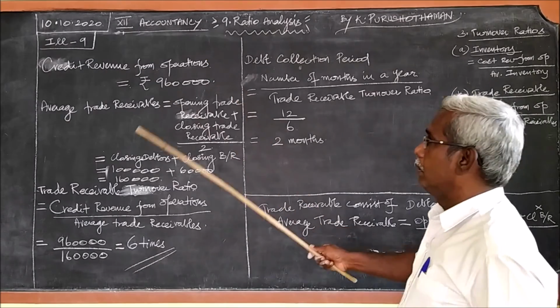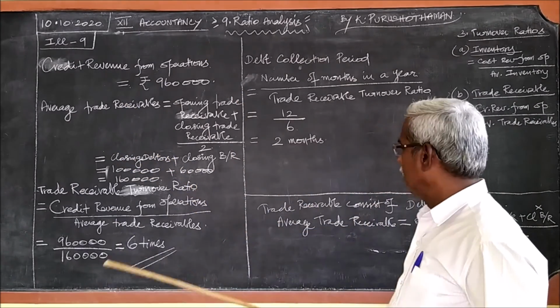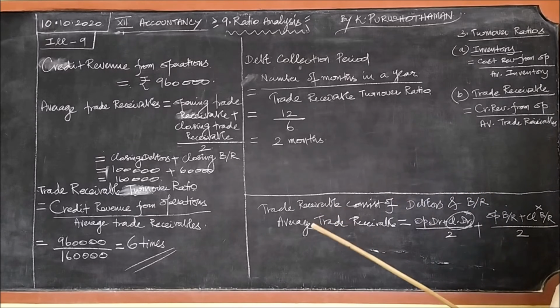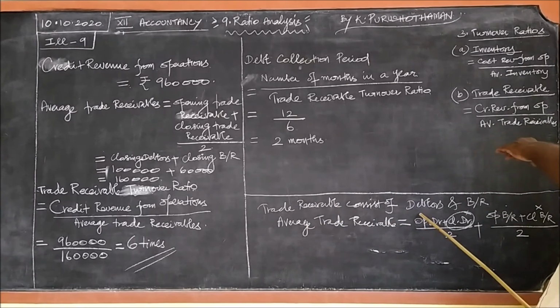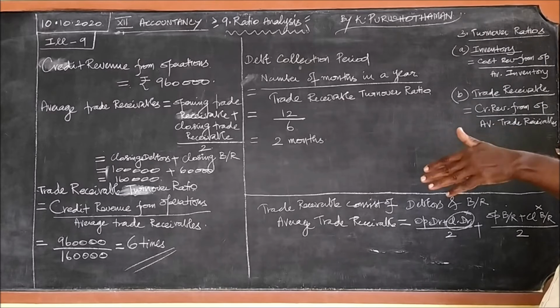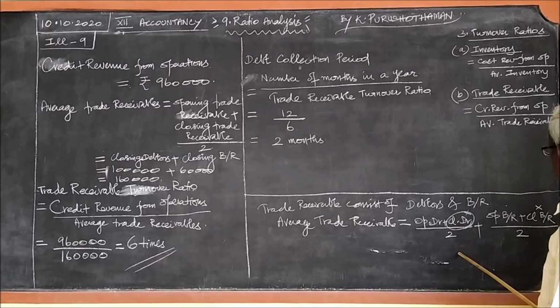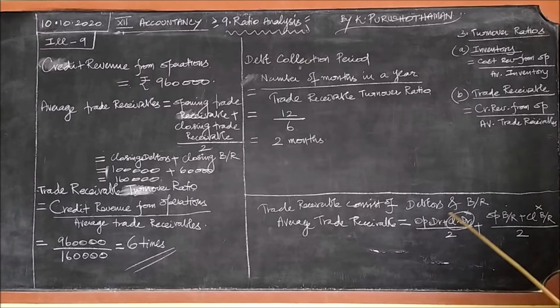Once you talk about the average trade receivable, you should talk about the average debtors and the average bills receivable. Average debtors means opening debtors plus closing debtors by 2. Then for bills receivable, opening bills receivable plus closing bills receivable by 2. This is the formula. But in this problem, no opening debtors or opening bills receivable are given.